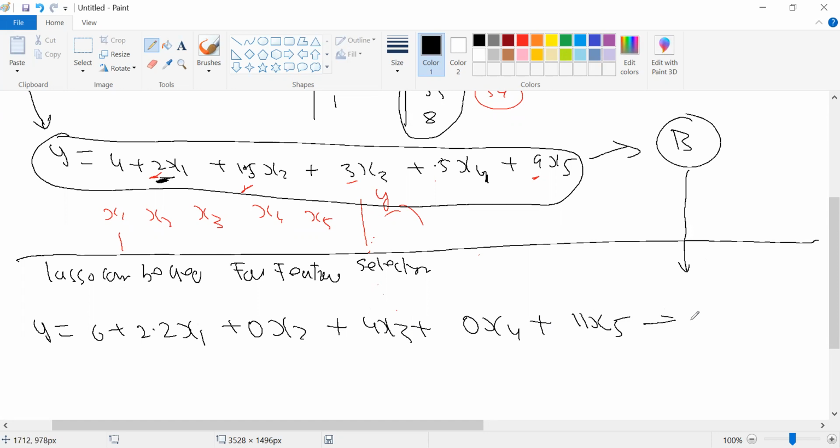Suppose this is your equation C. So by using some technique, equation B can be written something like this. Now, can this equation be used for your feature selection? Look carefully and tell me. I'll give a hint. Yes, it can be used for feature selection. How? Can equation C be used for feature selection? The answer is yes. You have to tell me how.